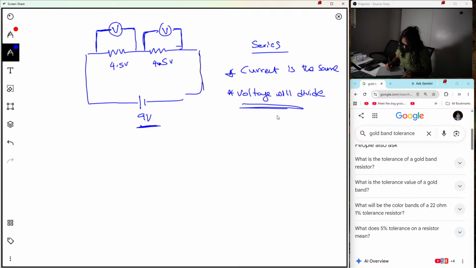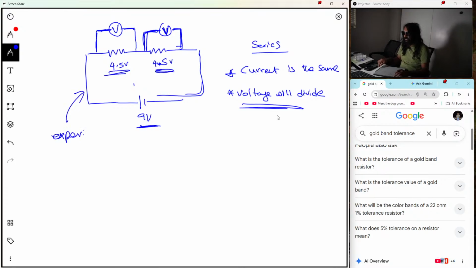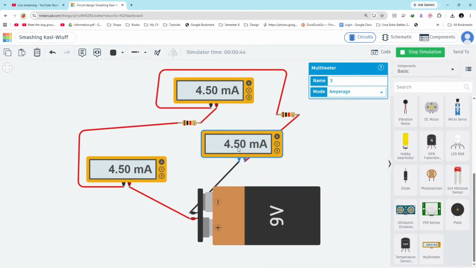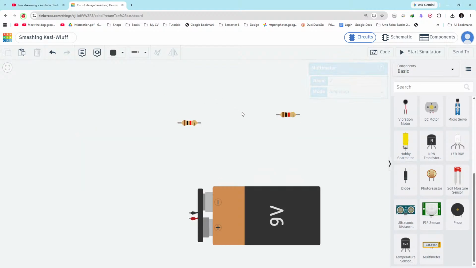So you should always add the voltmeter in parallel to the respective component like this. So let's do this experiment, right? Let's do this experiment and see whether we are getting 4.5 volts across each resistor. So for us to do that, we can remove these ammeters because we no longer need them, and here you can connect them in.